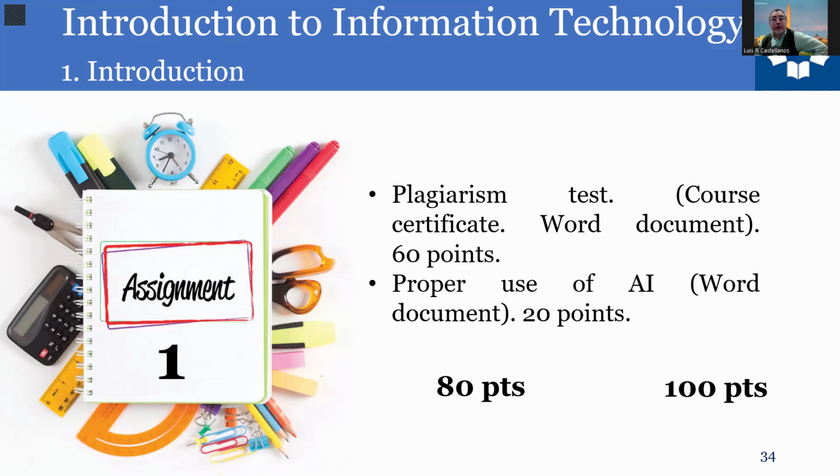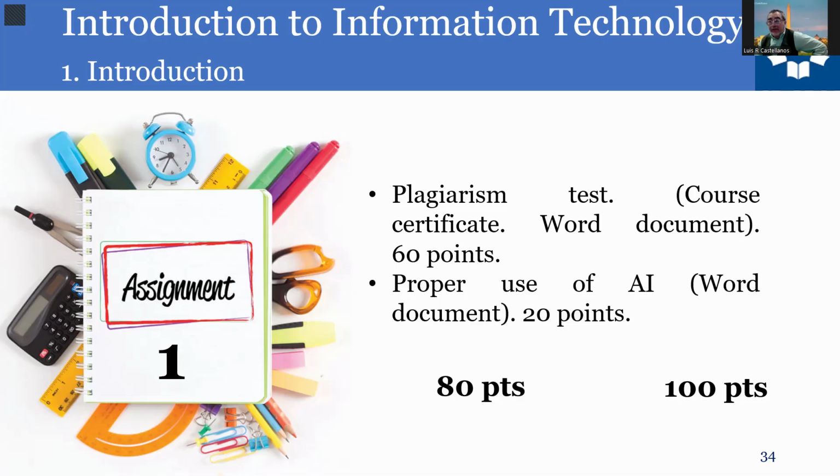There are 6 levels, and each level has a test at the end. You have to pass the test, and you have to submit the certificate saying that you passed the test. Each passing certificate is going to be 10 points. So 6 levels times 10, that's the 60 points.